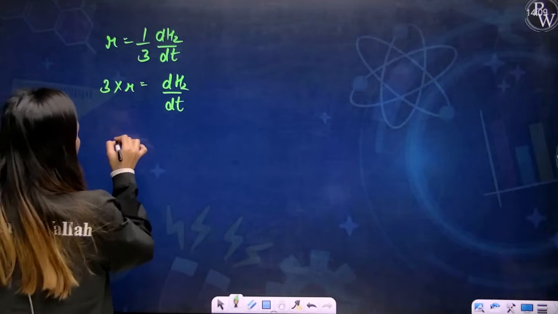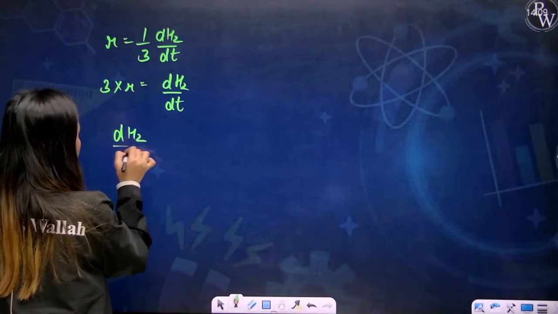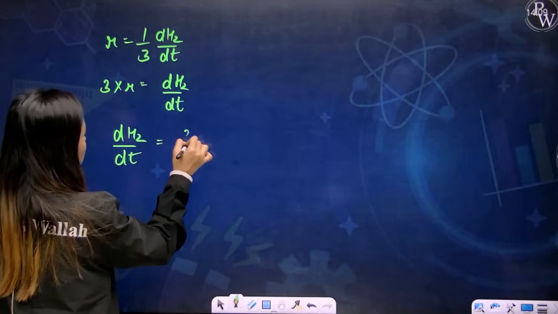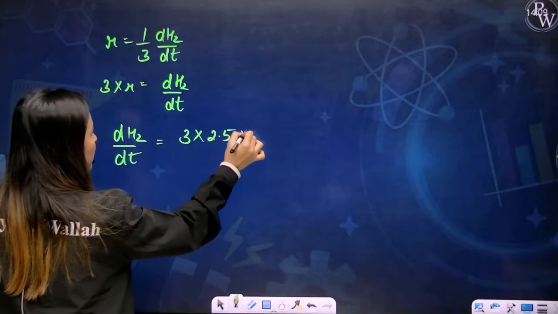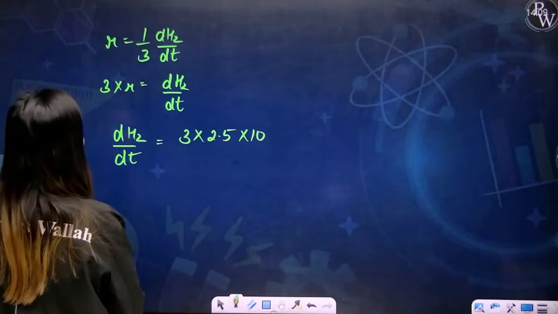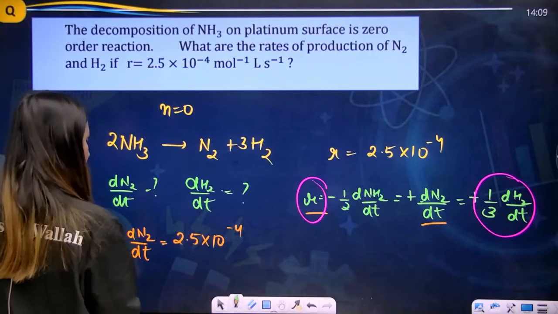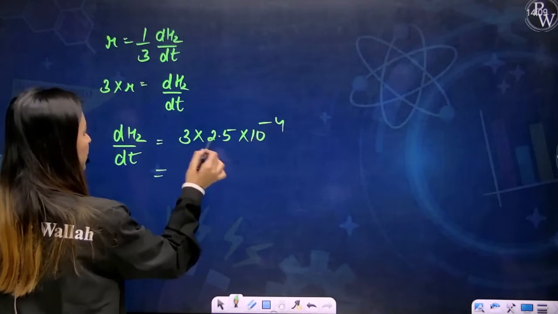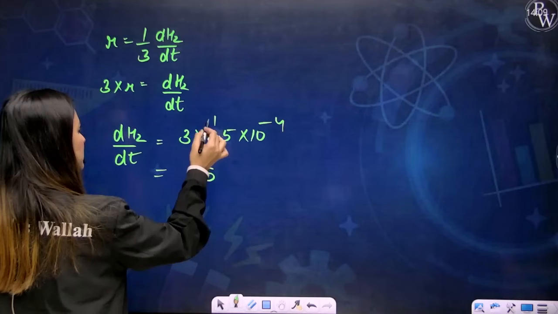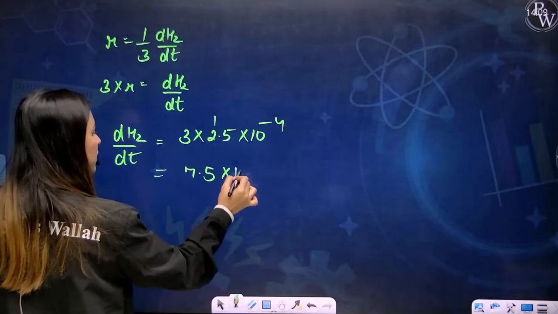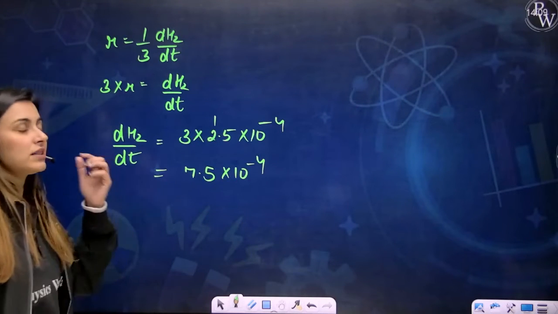So d[H2] by dt will be equal to 3 into 2.5 into 10 raised to the power minus 4. Just multiply it: 3 times 2.5 is 7.5. So it is 7.5 into 10 raised to the power minus 4. This is your correct answer.